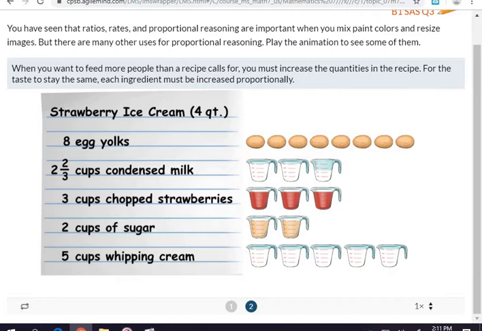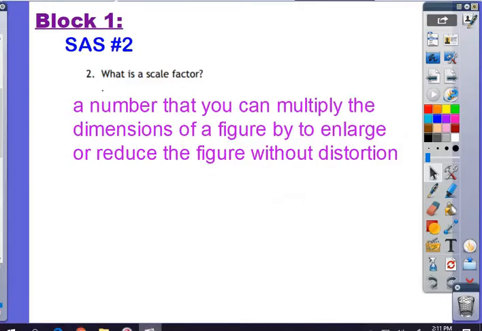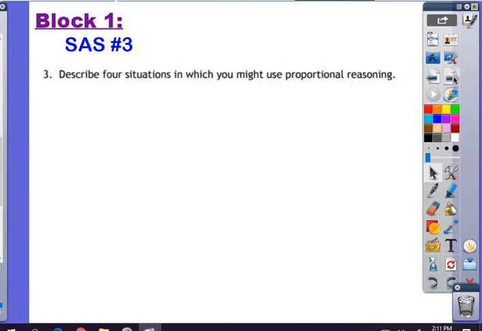No, it would not. Okay, so look at your number 3 in your book on the back page. It says write down 4 situations that would use proportional reasoning. We've talked about several of them. We talked about lots of things. Write them down. We had pictures.